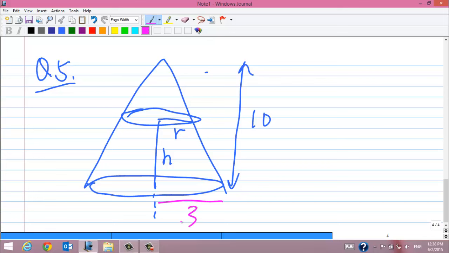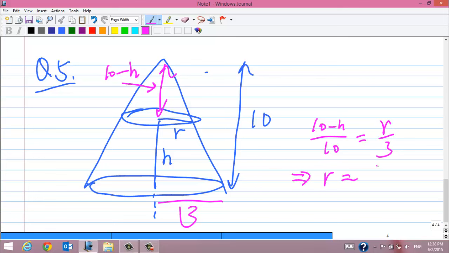So here, this one should be 10 minus H. So we can use the similar triangle. 10 minus H over 10 equal to R over 3. So we can find R in terms of H.